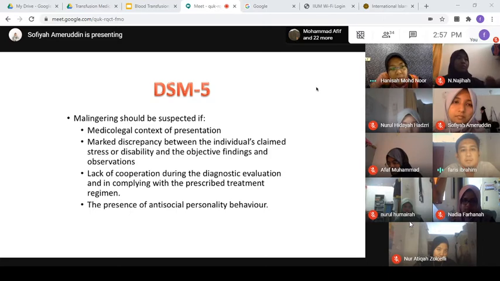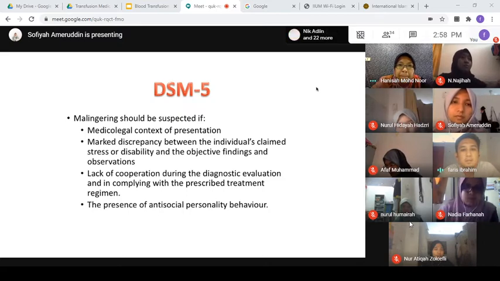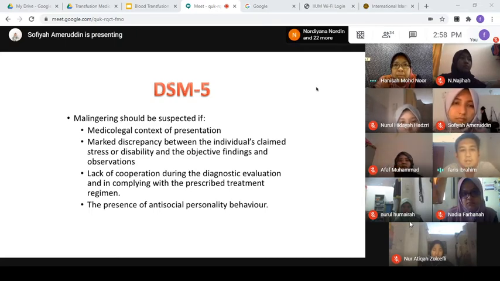Number two, there is a marked discrepancy between the individual's claimed stress or disability and the objective findings and observation. So they say that they are excessively sick, but when we look, they do not appear sick at all. And then there is lack of cooperation during the diagnostic evaluation and in complying with the prescribed treatment regimen, and lastly the presence of antisocial personality behavior.